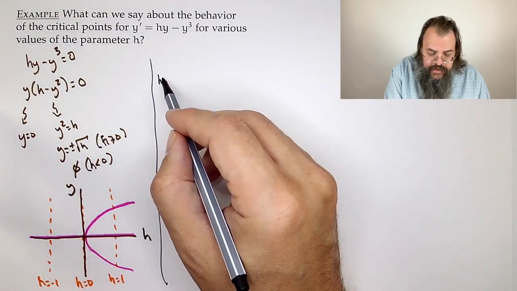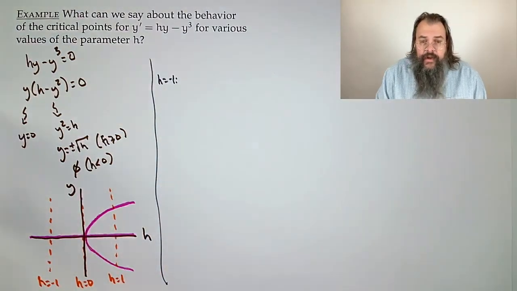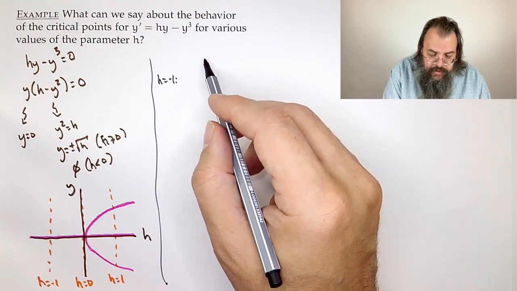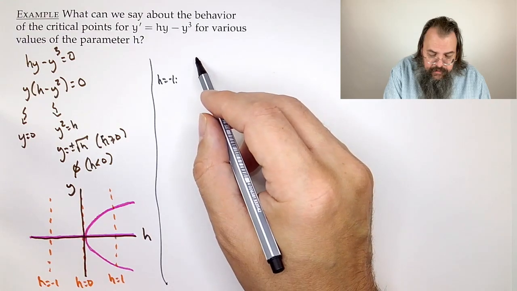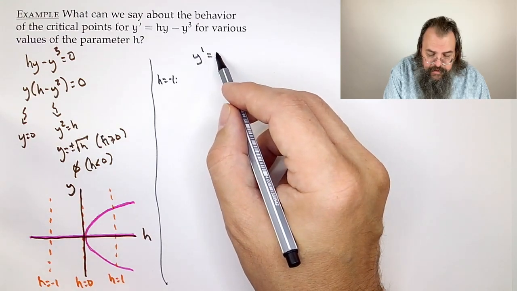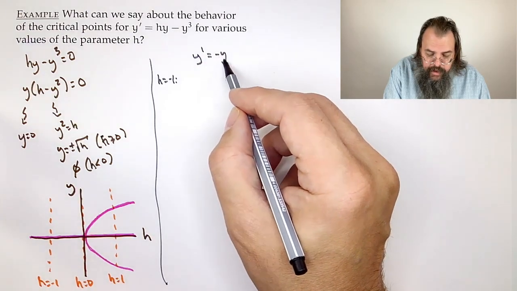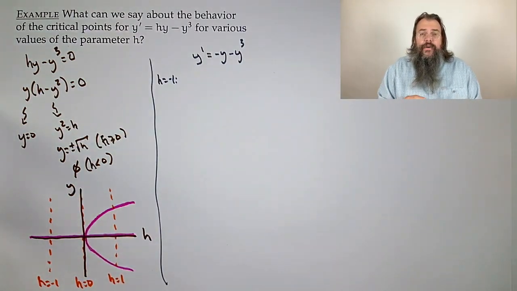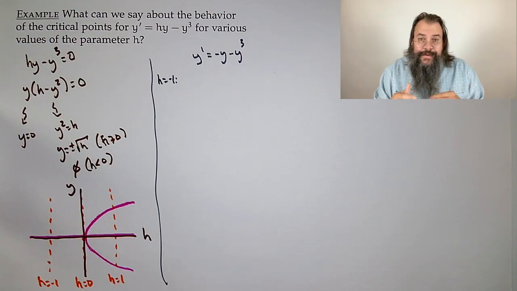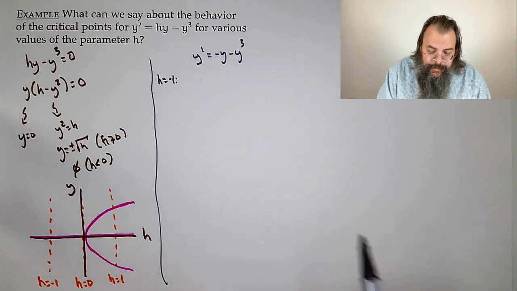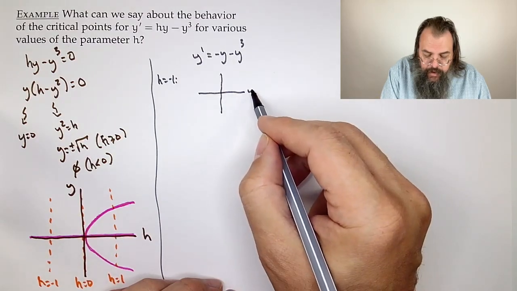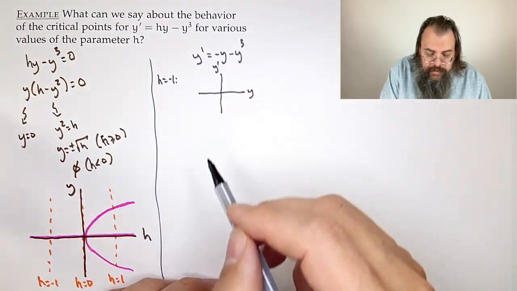So when we have h equals -1, well, we can do what we did before, where it says, okay, that says we have y prime equals -y minus y cubed. So that says things are very negative, and we can sketch, as we had before, the y versus the y prime.